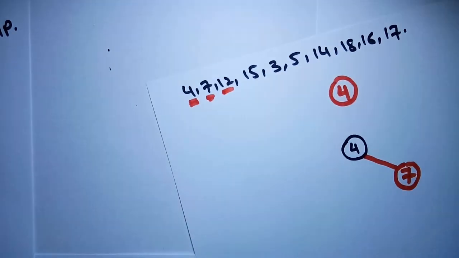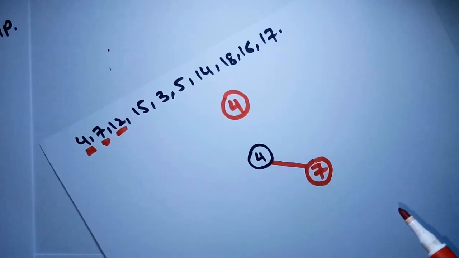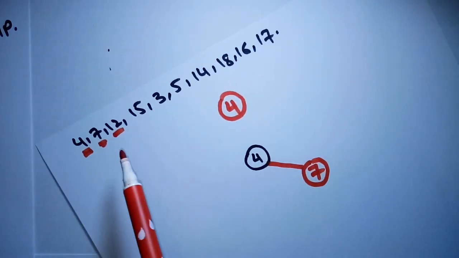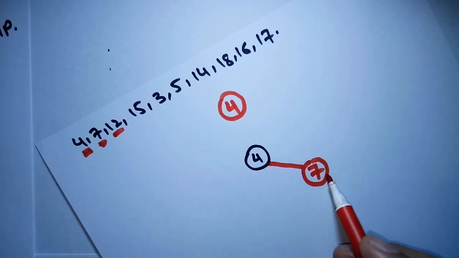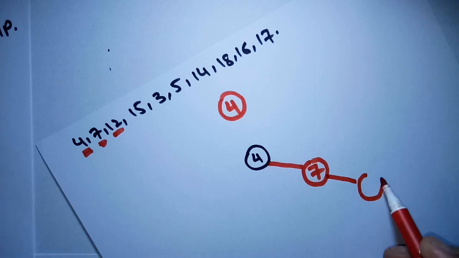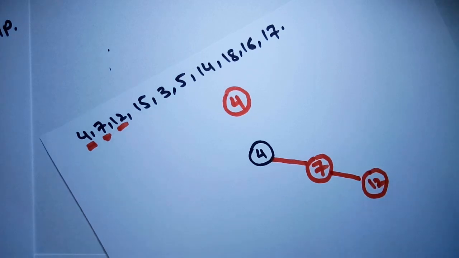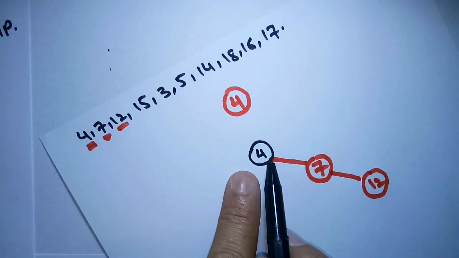The next is 12. So now let me insert 12. 12 will go in the right of 4, in the right of 7. So 12 will go here. Now let's see whether it fulfills the red black tree property or not. The root is black, yes.